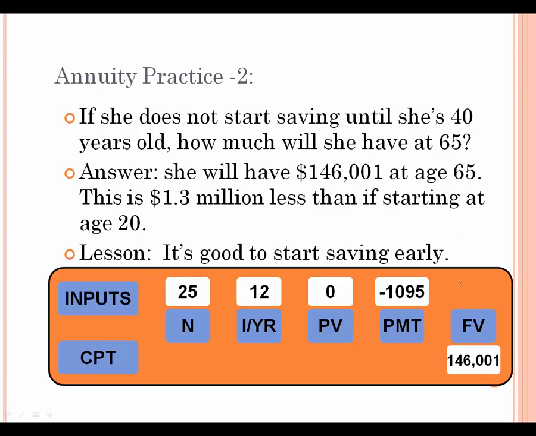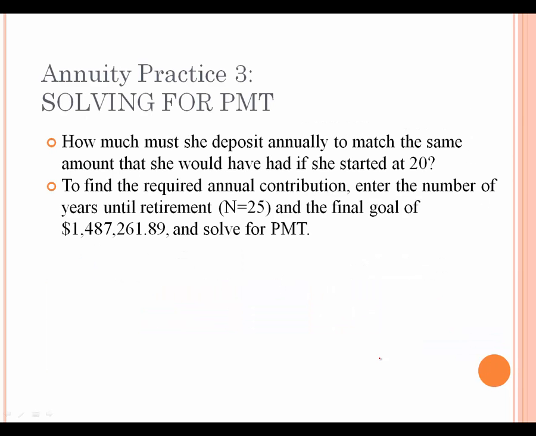And also, if I change the question a little bit, if she actually wants the same $1.487 million, but she only starts when she's 40, which means she only has 25 years, then how much money does she have to save or deposit every year to get to the same goal? So this is a question about solving for payment.